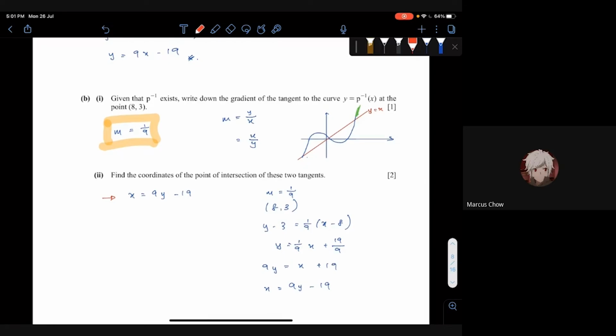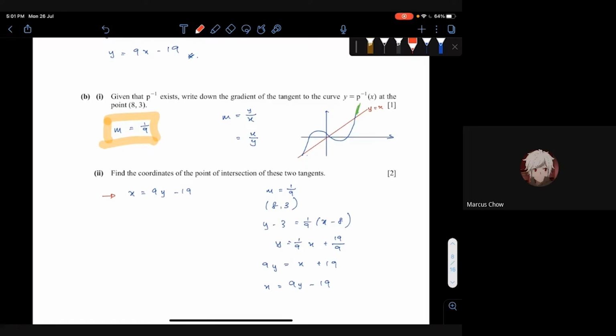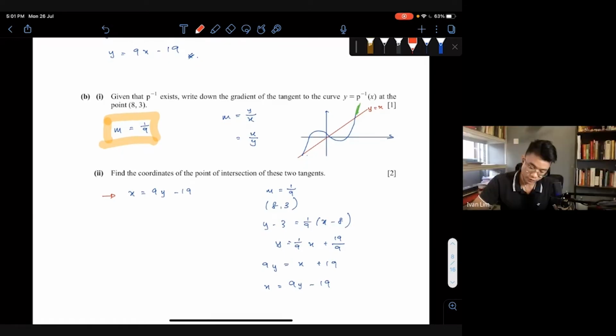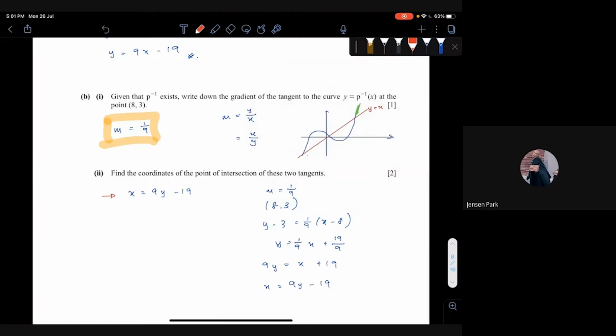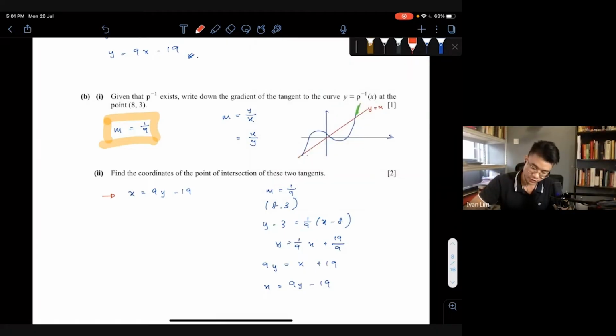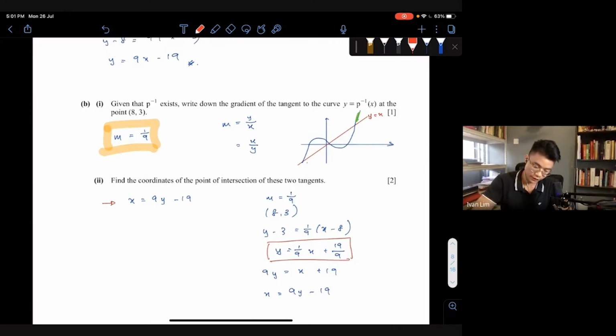1 over 9x plus 19 over 9 equals 9x minus 19. Jensen, what's the method you use? No, wait, I show you my working. We have this equation, then your other equation was this one, right? y equals 9x minus 19. So you sub with each other.